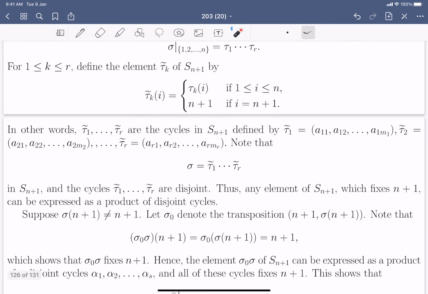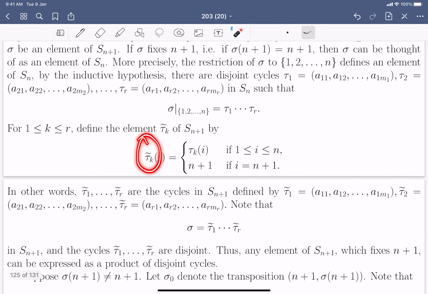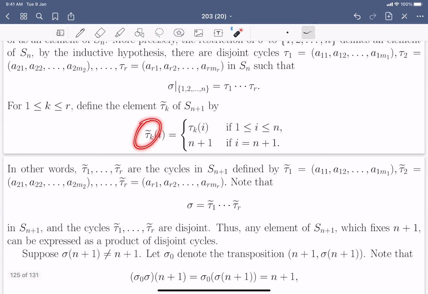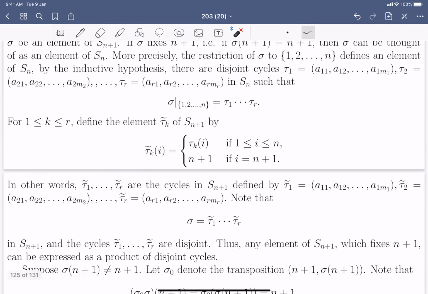And then it follows that this permutation sigma is a product of these permutations tau 1 tilde till tau r tilde. By our very construction of tau k tilde, and by the very nature of these tau i's, it is clear that these tau k tildes are cycles, and that they are disjoint cycles, because tau 1 tilde is this, tau 2 tilde is this, and tau r tilde is this, and they are disjoint by their very choice, because you have applied the induction hypothesis to obtain disjoint cycles.